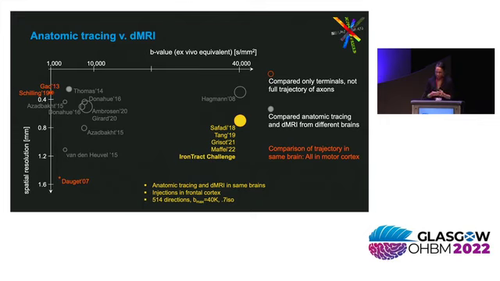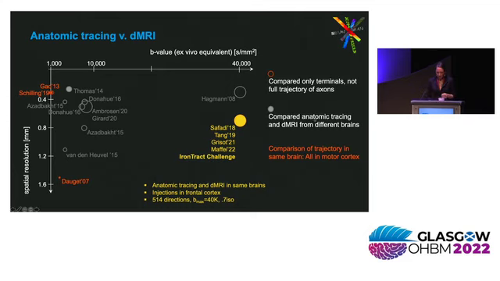Several studies have compared anatomic tracing to diffusion tractography in the past, and they're arranged here in terms of the b-value and the spatial resolution of the diffusion data that they used, and the size of the marker is the angular resolution, the number of directions. Most of these studies have compared only the terminals to the endpoints of tractography, and not the full trajectory of the axons.